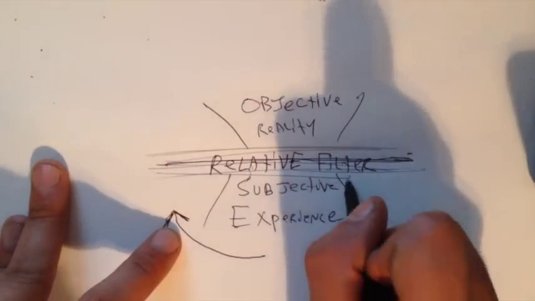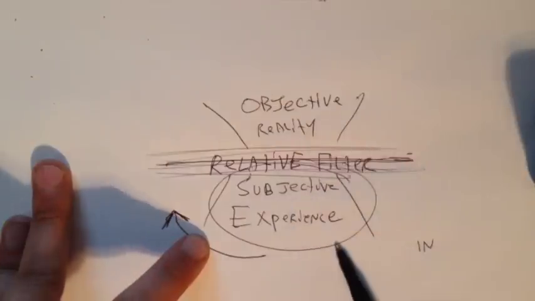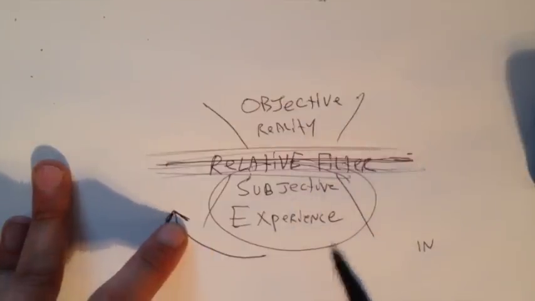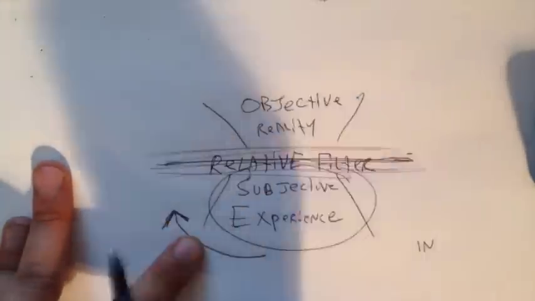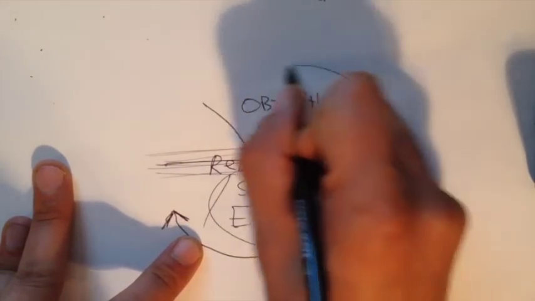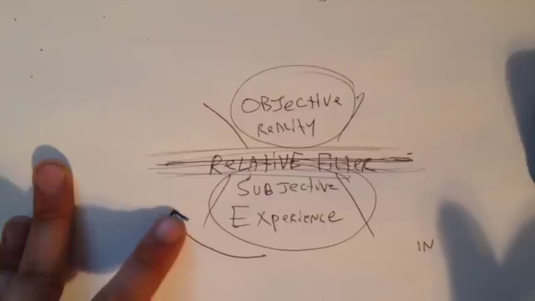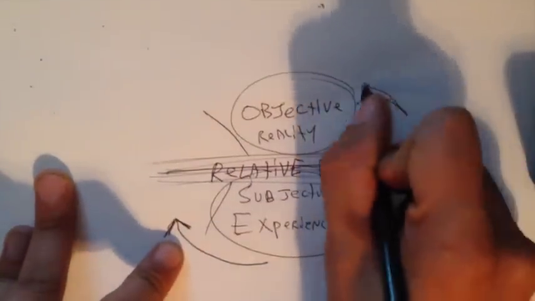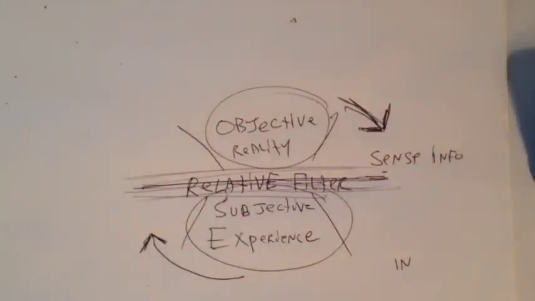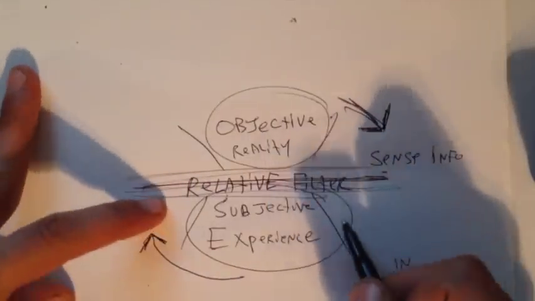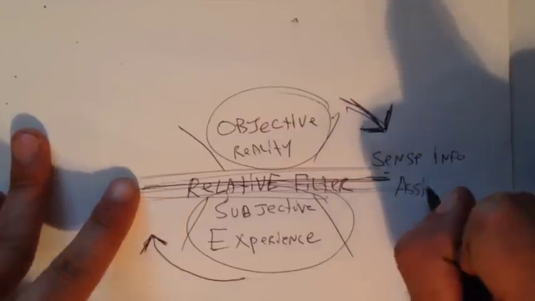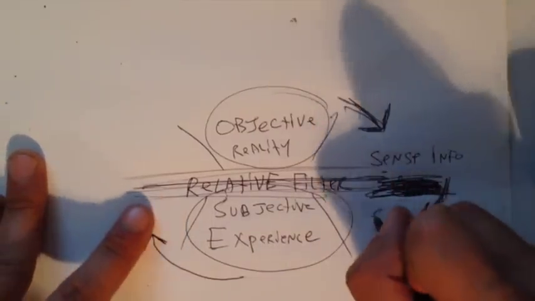We have our subjective experience, and everything that we know has been communicated to us by some person in the objective reality. So we get, coming this way, sense information in the form of sounds and vibrations on your eardrum, colors. You watch a movie, you see things, you hear things. That's all sense information. It shapes your perspective, and it expands your perspective.